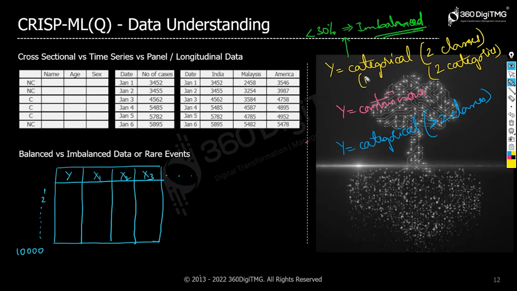Let me also write it down. If you have two classes, it's called binary. And if you have more than two classes, or more than two categories, then it is called multiple categorical data.